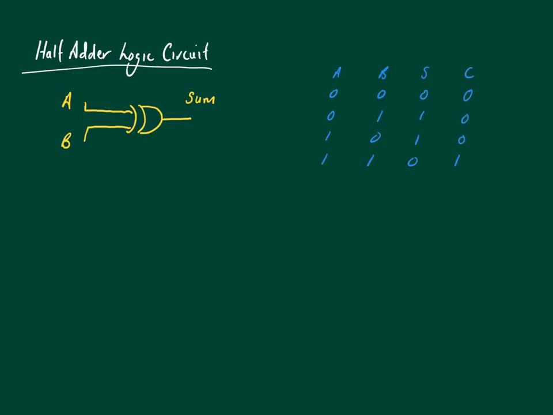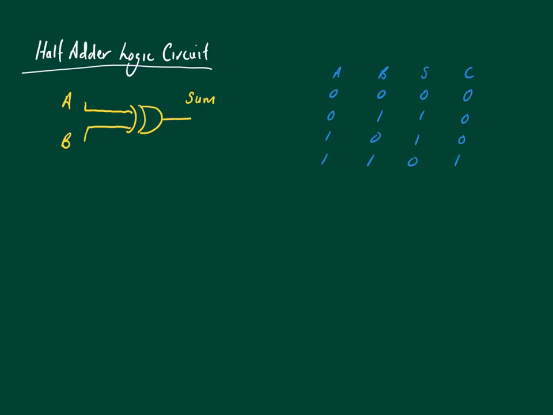Next, what we want to do is we want to somehow get this result for the inputs A and B for the carry. And so 0 and 0 should give us 0, 0 and 1 should give us 0, 1 and 0 should give us 0, and 1 and 1 is the only inputs that should give us the result of 1, which means that this is an AND gate.